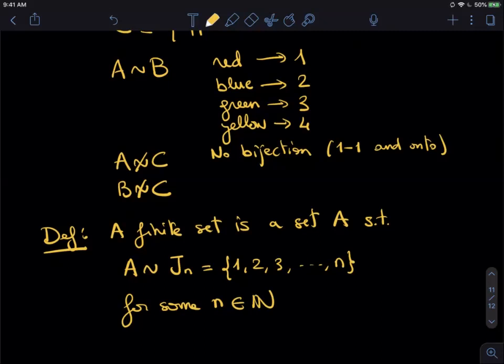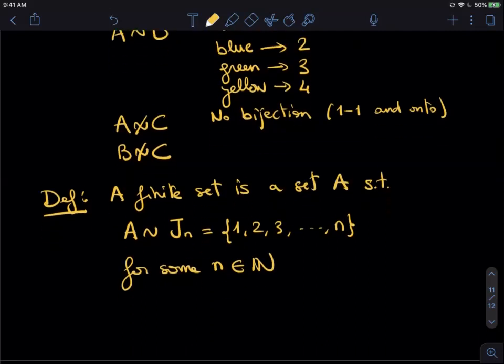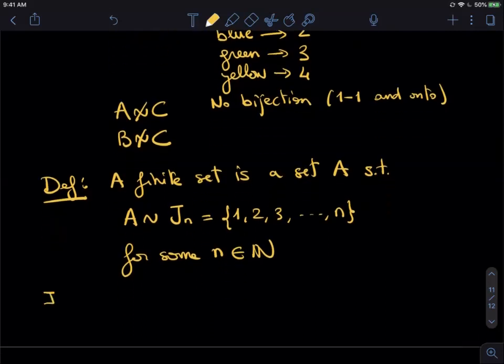So what are we saying here? We are saying that we can consider all the sets that are like 1, 2, 3, and so on until some number n, and try all of them. And if a set is equivalent to one of these, then it's finite. So for example, with the set before, red, blue, green, yellow, I could try the sets J1, which is 1, J2, which is 1, 2, and so on. I will see that J4 works.